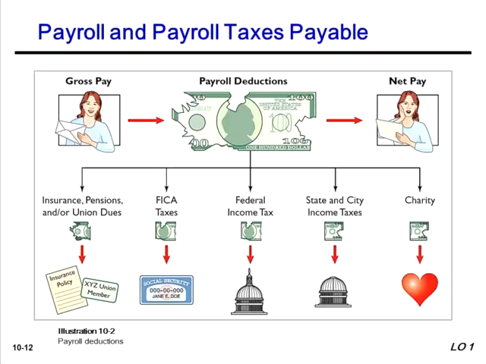Then we go to FICA taxes. That includes Social Security and also Medicare. Next, the federal government income taxes, followed by state, city, and local income taxes. And then another example of a withholding could be for charity.